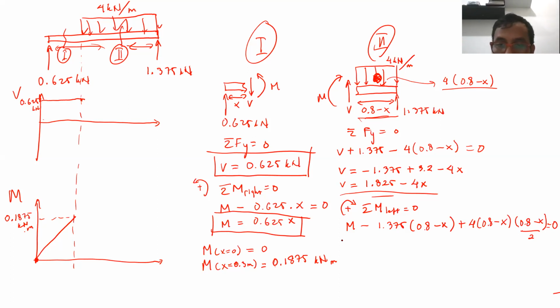Okay, then from this, you can get the results: minus 1.375 times 0.8, this one is 1.1, minus 1.1, then plus 1.375x, then plus 3.2, then minus 4x.